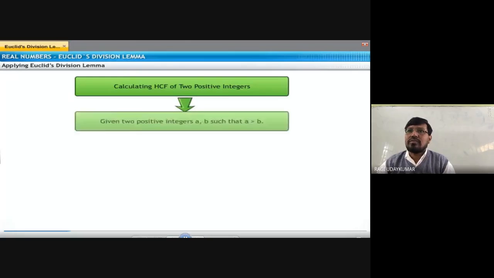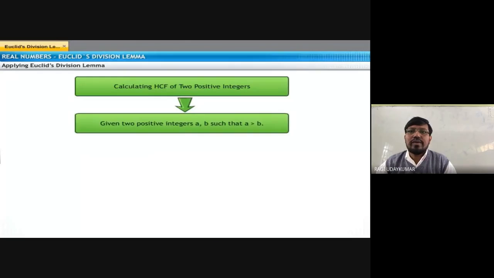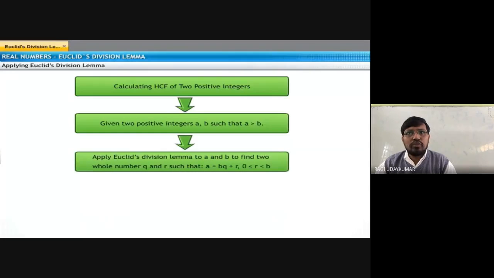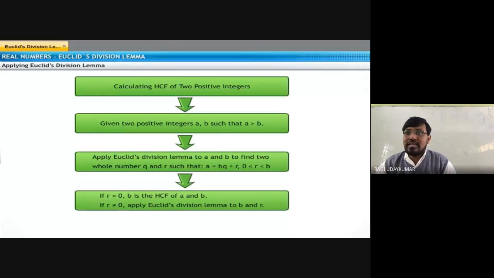Now you have seen the steps. Given two positive integers a and b such that a is greater than b, apply the Euclid division lemma on a and b to find the whole numbers q and r such that a equals bq plus r, where the condition is very much important here: 0 less than or equal to r less than b. So the remainder r can be equal to 0, and it should be less than b.